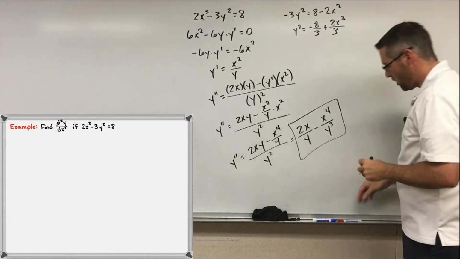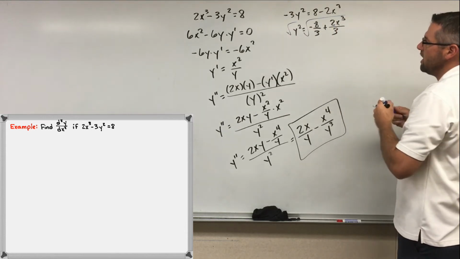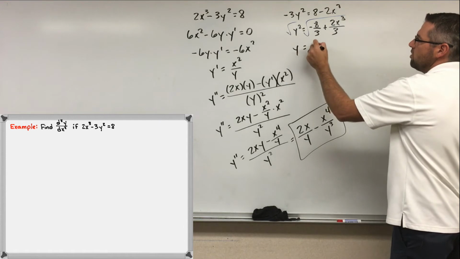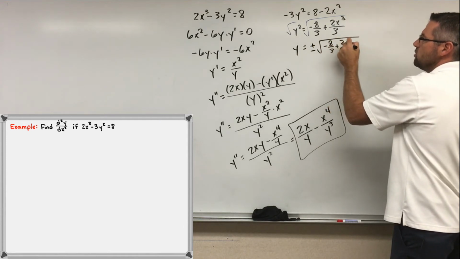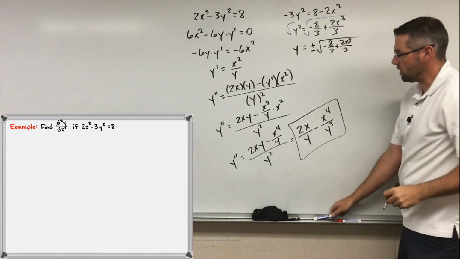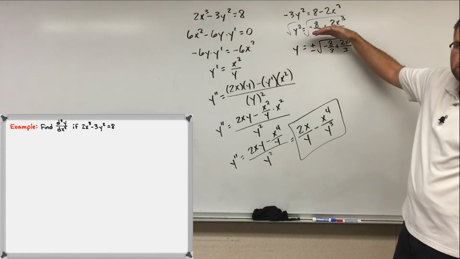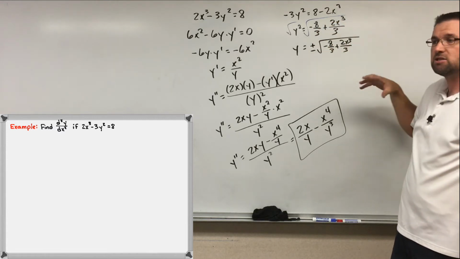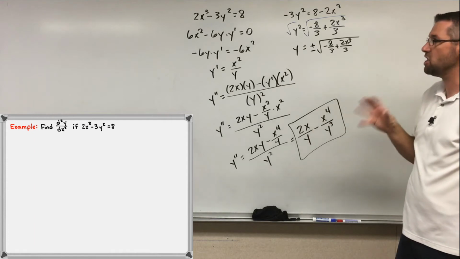But then when I go to square root this, you have to keep in mind that y is then plus or minus the radical of negative 8/3 plus 2x cubed over 3. So then when I go to take the derivative of this, I'm actually going to get two results. I'm going to get the positive version and the negative version out. And so that's defeating the purpose and the efficiency of implicit differentiation.